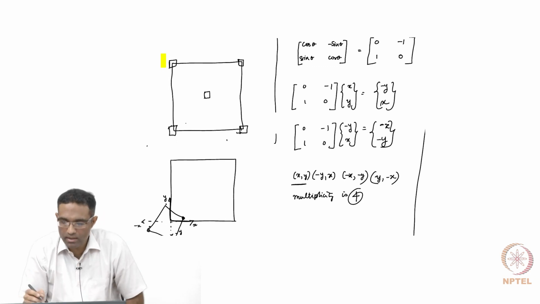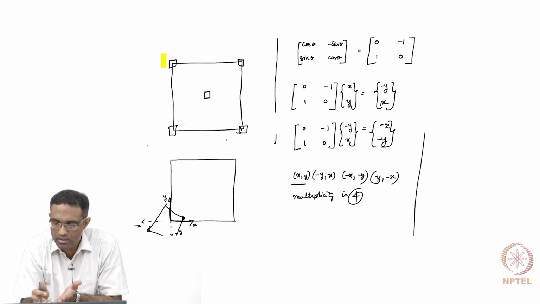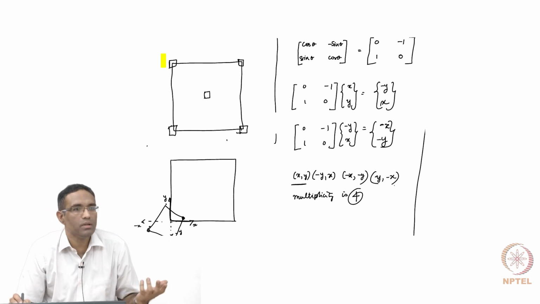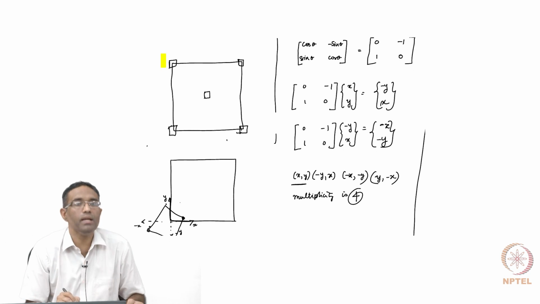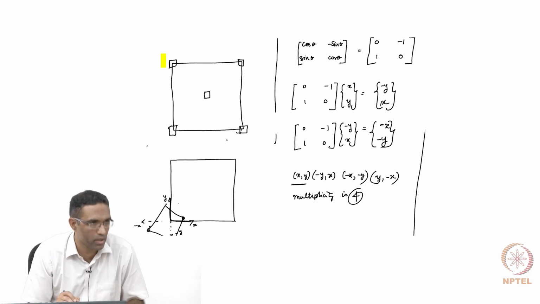Okay, like this, because I know that the fourfold rotation generates for any given x comma y, it always generates minus y comma x, minus x comma minus y, y comma minus x. I will always know what points it will generate for any atom present in that molecule once I am able to give its x comma y coordinate.